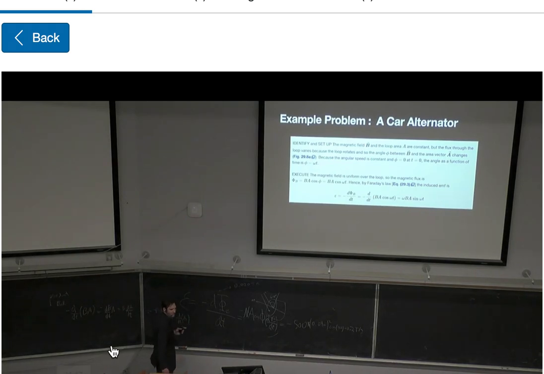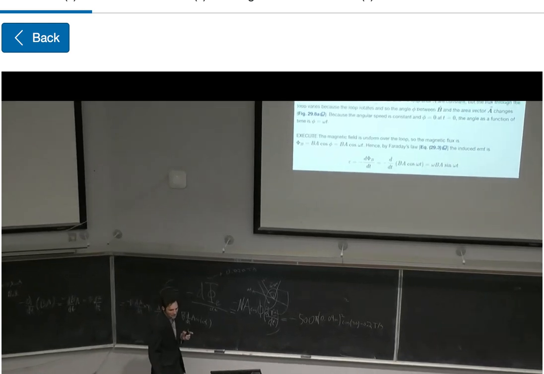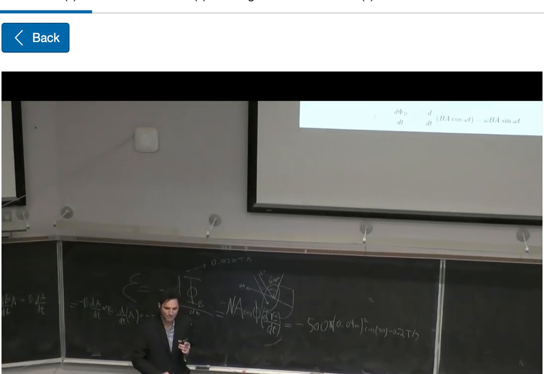But then the A is changing with time. It's changing like A cosine omega t. So we've got minus B d by dt of A cosine omega t. Can everybody read that? Is that clear? Okay, so I have to take the derivative of this. A is still constant, but what's the derivative of cosine? Minus sine.